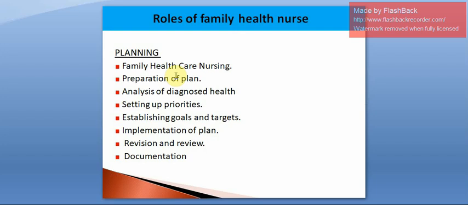Then after that, when you're preparing the plan of action you have to set up priorities, establish proper goals, and implement this plan. So once the plan is implemented and you have documented it, you will have to review whether this entire process was very effective or not. If it was not effective, you can change your priorities or you can change your goals, and then you can provide care to the patient.